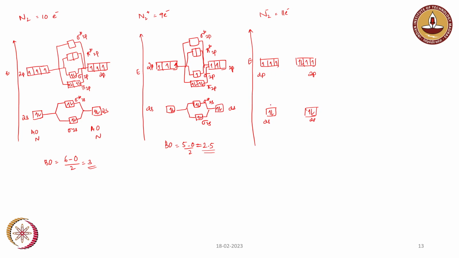So total of 5 plus 6 electrons, that is 11 valence electrons.